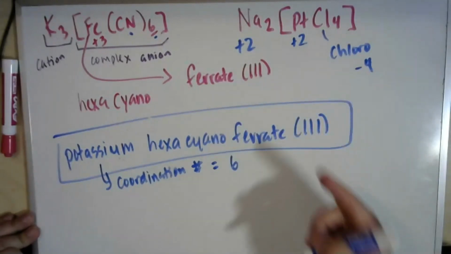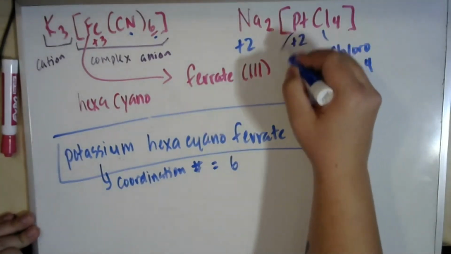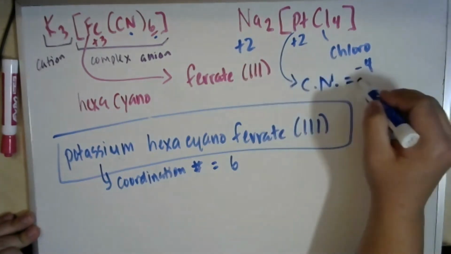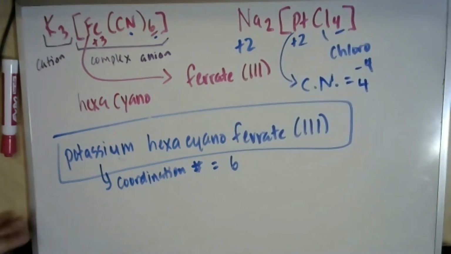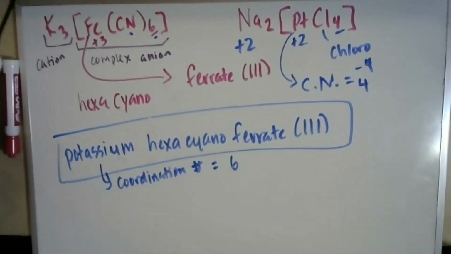So the coordination number of the platinum here is going to be 4 because I have 4 chlorines attached to it. I just wanted to point that out. I'll do another coordination number count in the next question too, because they don't actually have a question about finding coordination numbers in this list that I'm going to be going through.